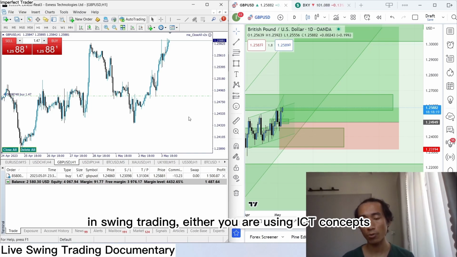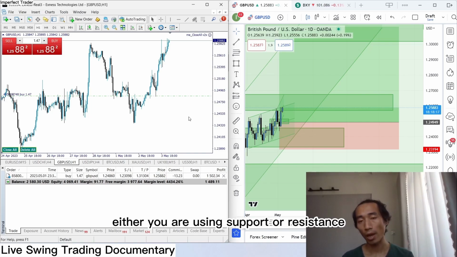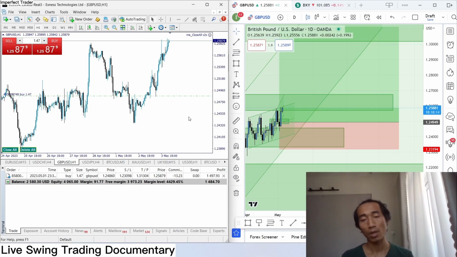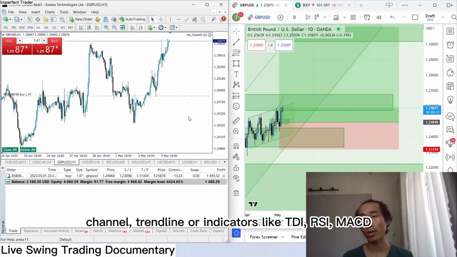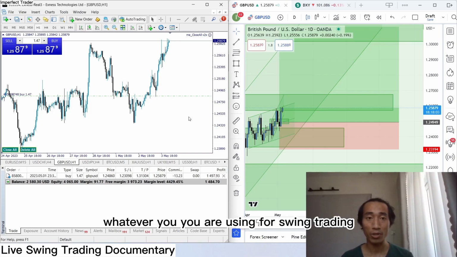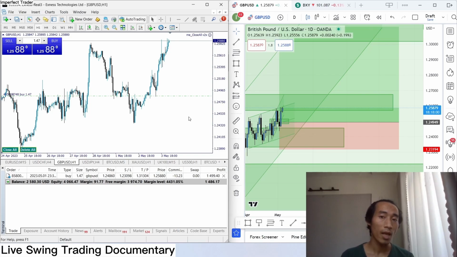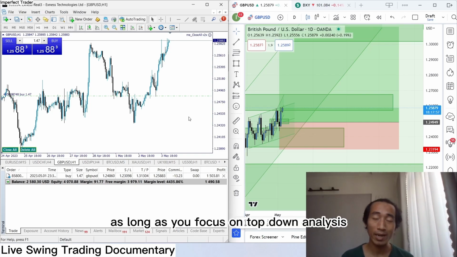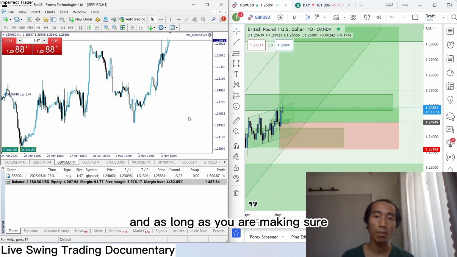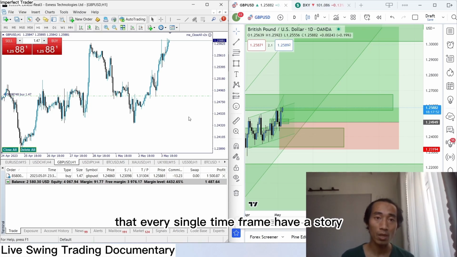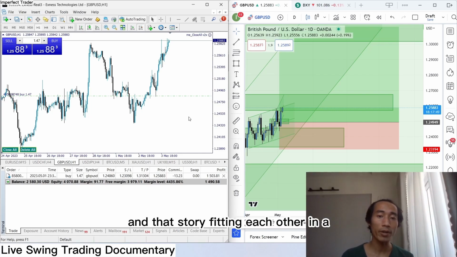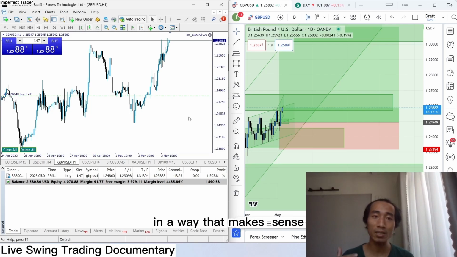in swing trading, either you are using ICT concepts, or support or resistance, channels, trend lines, or indicators like TDI or RSI, MACD, whatever you are using for swing trading, as long as you focus on top-down analysis and as long as you make sure that every single time frame has a story and that the stories fit each other in a way that makes sense, then you are good to go.